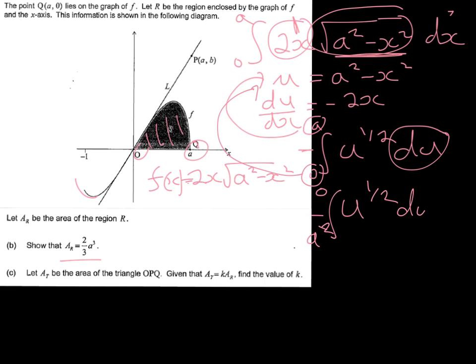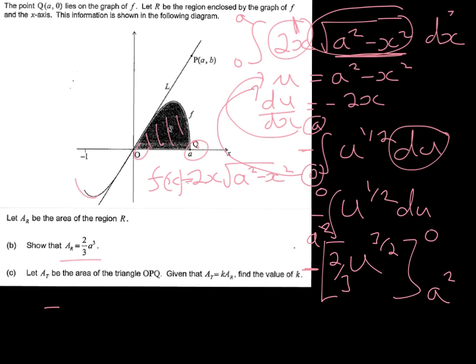So if we are integrating this with respect to u, it's going to give us u to the 3 over 2, and then we'll need to multiply that by 2/3. So 2/3 with a negative outside, remember? So negative 2/3 u to the 3 over 2 between 0 and a².